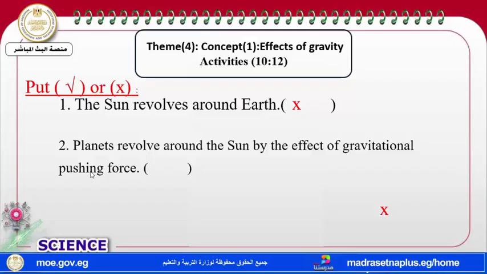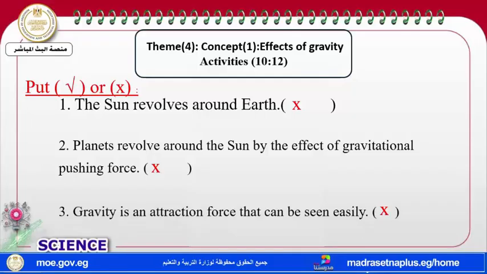No, by gravitational, yes. Now, that's a false one. So, my dear students, take care with this question. They are tricky ones. Earth revolves around the sun. All the sentence is true, except the part about a pushing force.